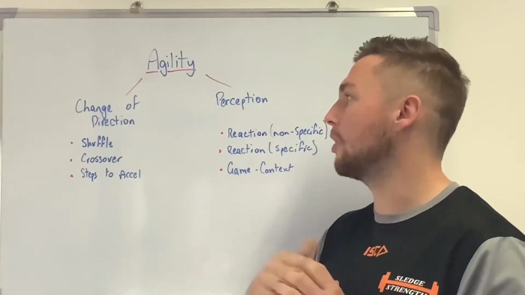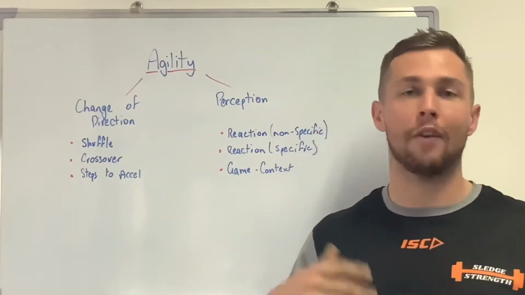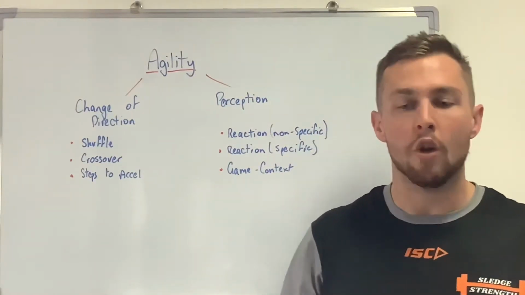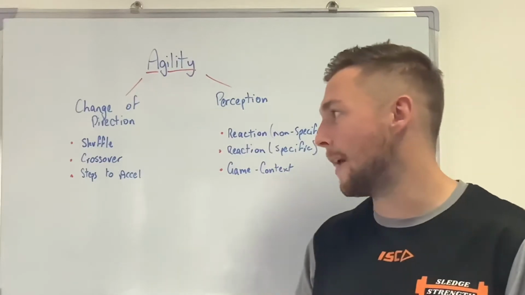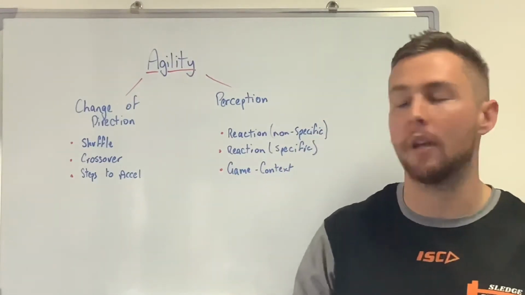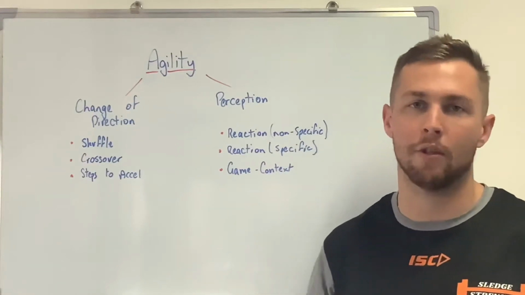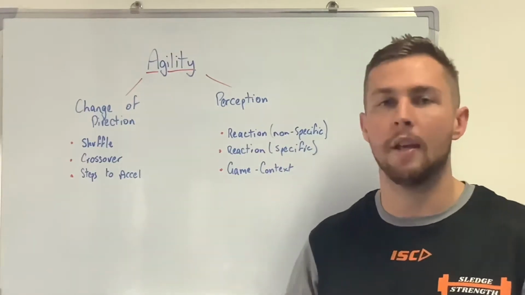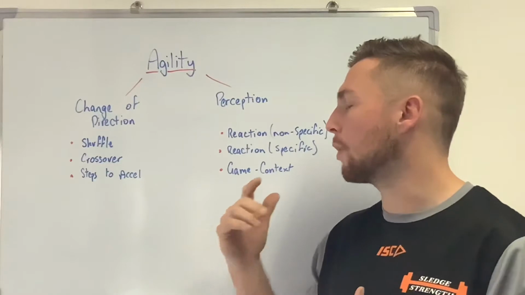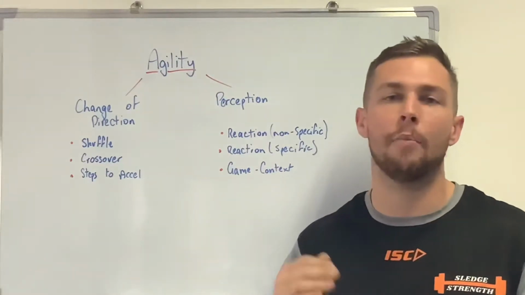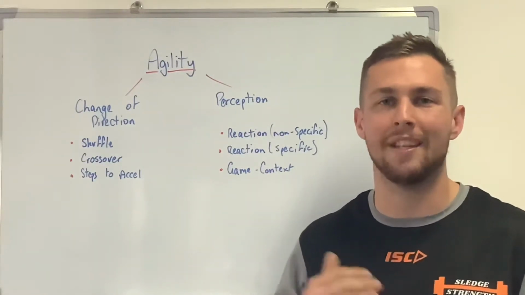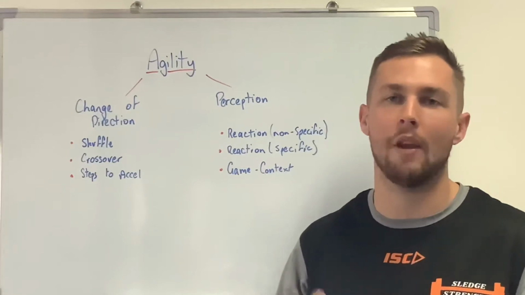So if we break down change of direction, this is where we look at shuffle patterns, so being able to shuffle side to side. A crossover pattern, so crossing over the body, and then different steps to re-accelerate, steps to acceleration. So you look at your drop step, jab step, and so on and so forth. We can also look at our ability to decelerate and also re-accelerate from those positions.